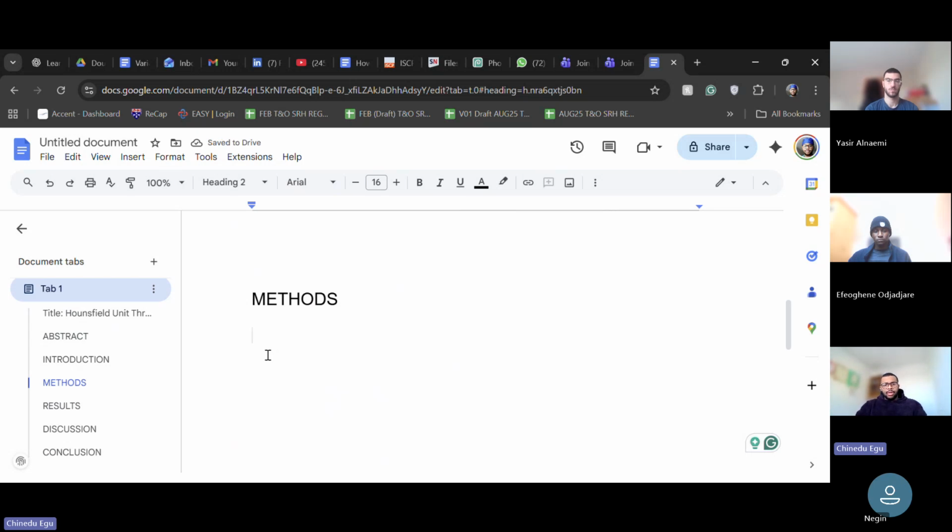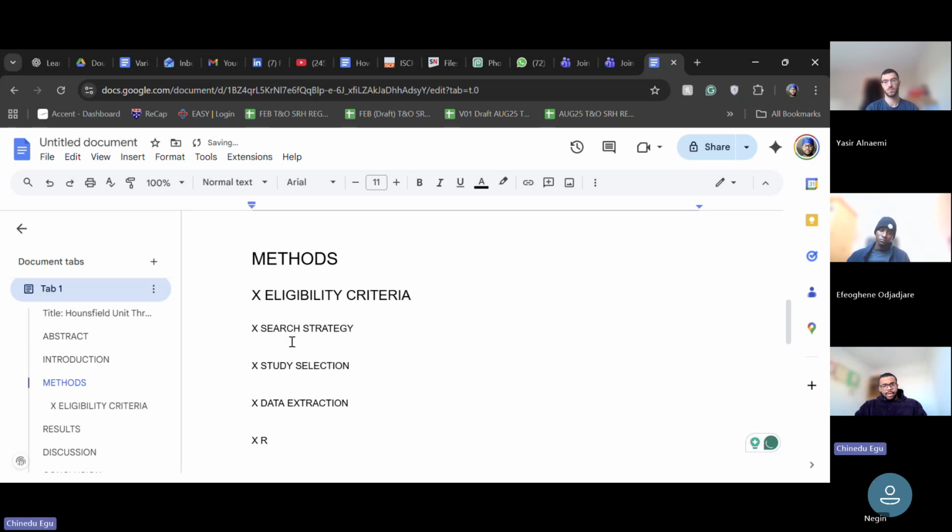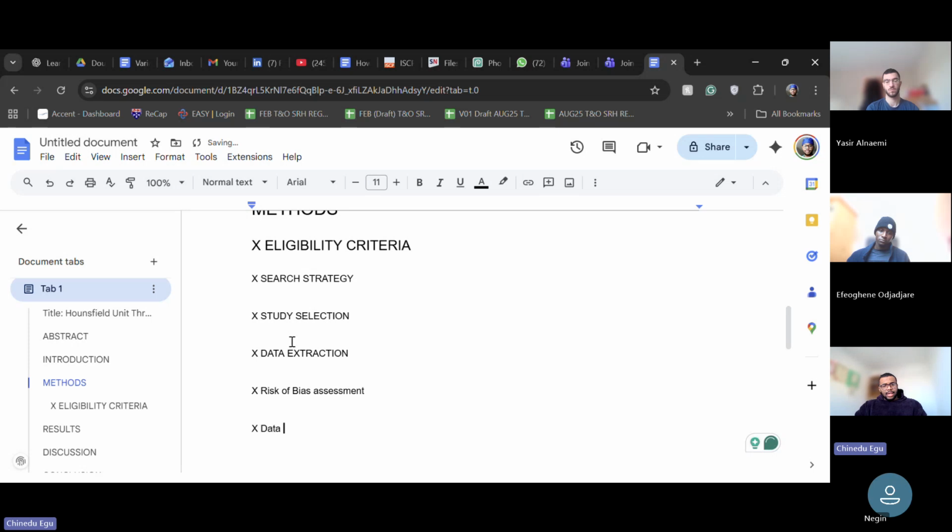So under methods, you could talk about things like eligibility criteria, search strategy, study selection, data extraction, risk of bias assessment, data analysis.